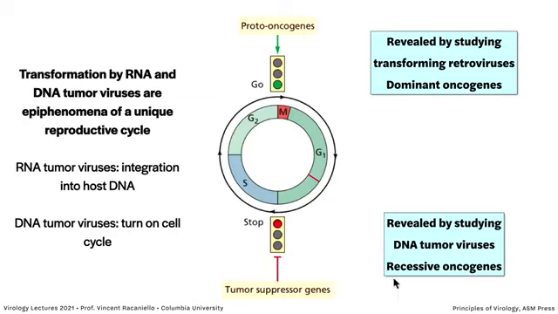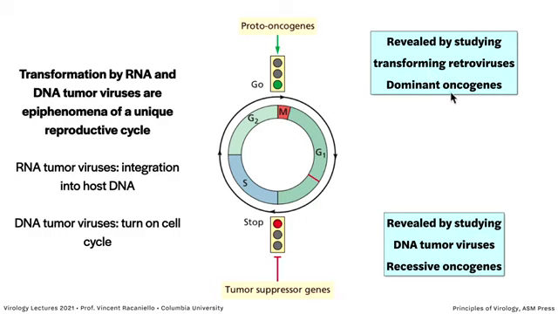We now understand the cell cycle and what controls it. We understand that transformation by these different kinds of viruses are the accidents of a unique reproduction cycle: integration into host DNA for RNA tumor viruses, and the need to turn on the cell cycle for DNA tumor viruses. It's just so beautiful. It makes perfect sense. And we now understand the checkpoint here up at the top from studying these transducing, transforming retroviruses.